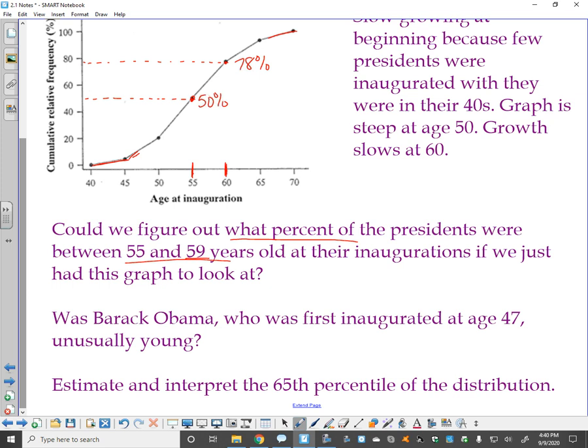So what the 78 means is that 78% of all of the U.S. presidents were aged 59 or lower. So can we figure out what percent of the presidents were between these two? Absolutely. I just have to subtract them. 28%.